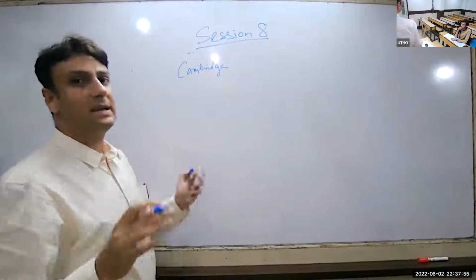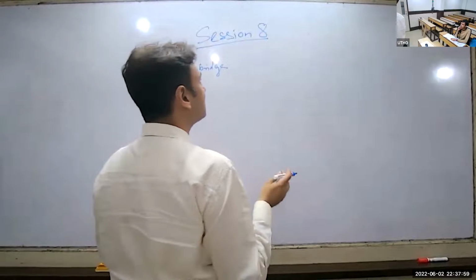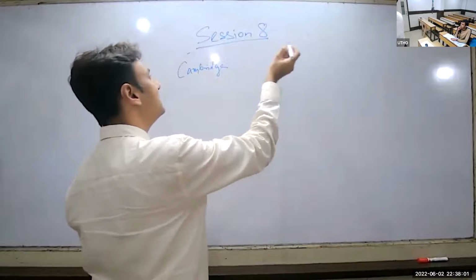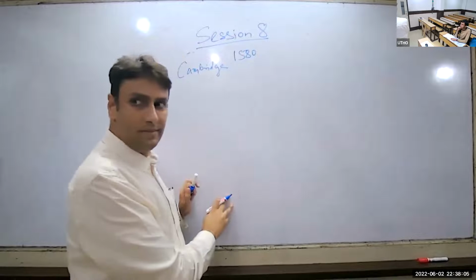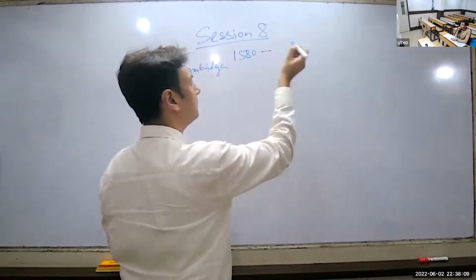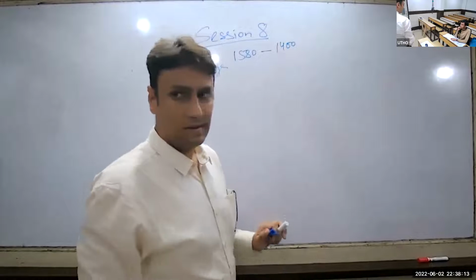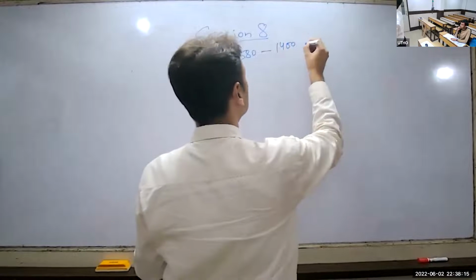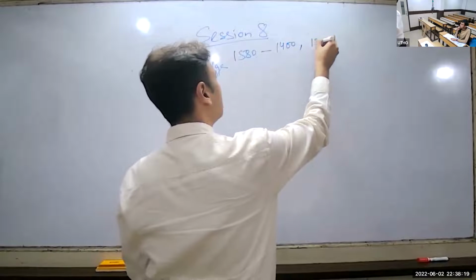Let's say Cambridge accepts SAT scores, and Cambridge tells us that the highest SAT score that I admit is 1580, and admission closes at 1400, with the mean SAT score for Cambridge being, let's say, 1500.